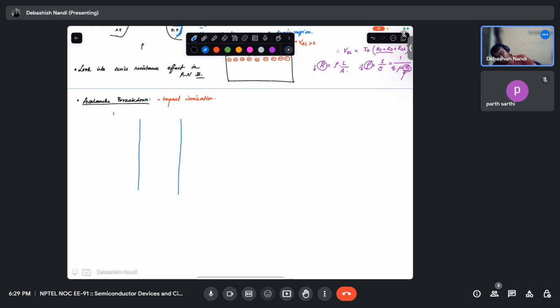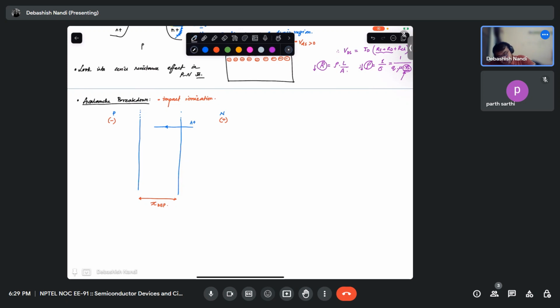Let's assume that this is P region, this is N region, and these are the depletion region boundaries. X dep, let's say. In reverse bias it will be plus, it will be minus. So holes will be moving in which direction? Holes will be moving in this direction. Let's say a hole is moving in this direction.